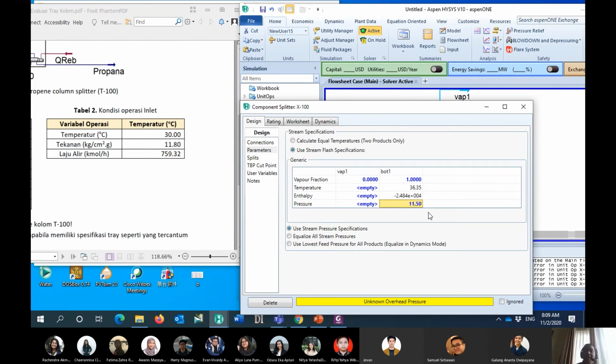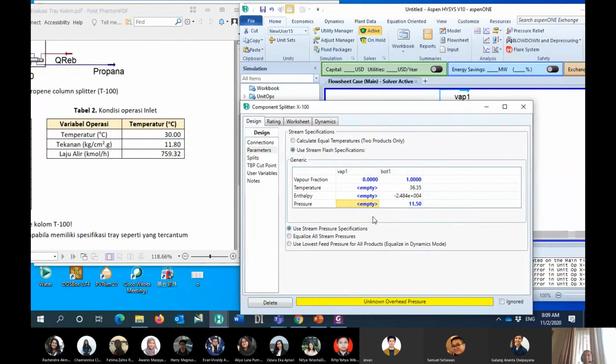Okay. And then how about the vapor, the top? It should be the lowest pressure of the column. Why? Because it contains the gas. If the gas at the top is at higher pressure, the gas cannot go to the top.